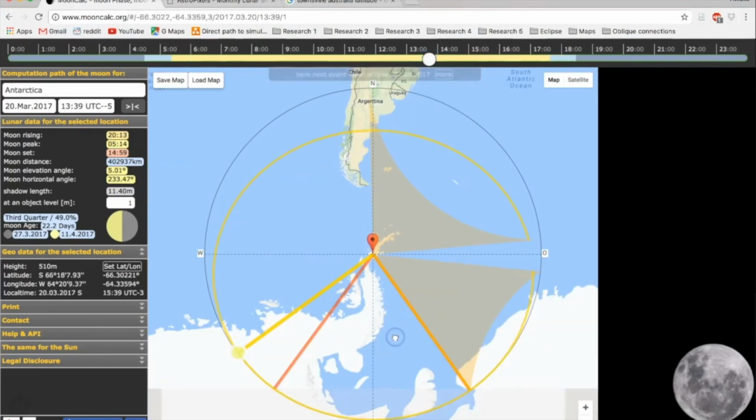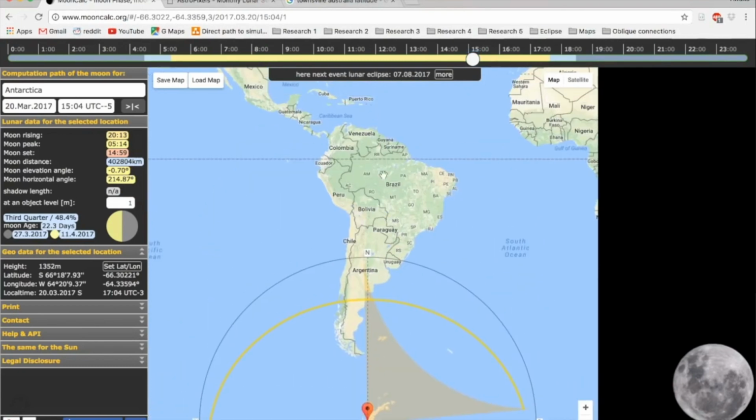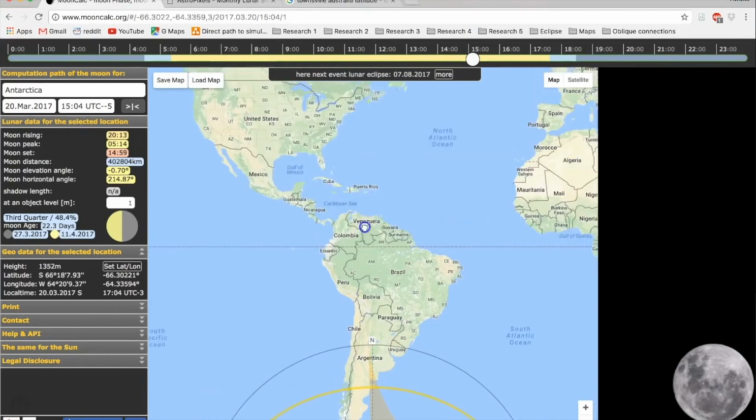If we went to these islands, look at how steep the angles are getting now. So it's setting at 214 degrees, all right? So the farther you are away from the equator, the more steep these angles become.